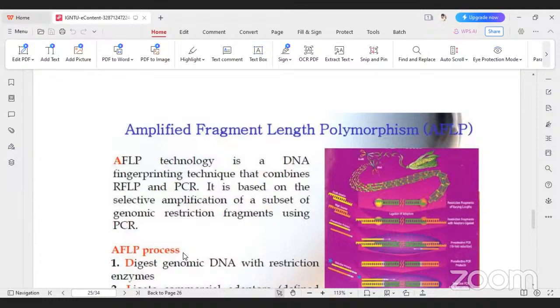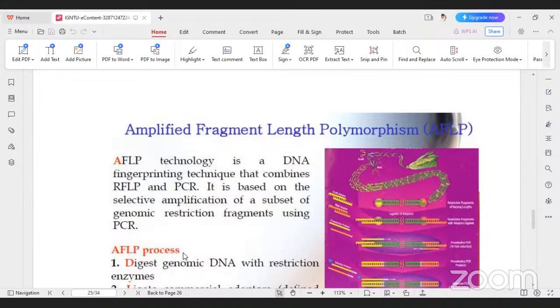DNA fingerprinting involves the display of a set of DNA fragments from a specific DNA sample. Fingerprints are produced without prior sequence knowledge using a limited set of generic primers. The AFLP technique uses stringent reaction conditions for the primers and combines the reliability of the RFLP technique with the power of the PCR technique.